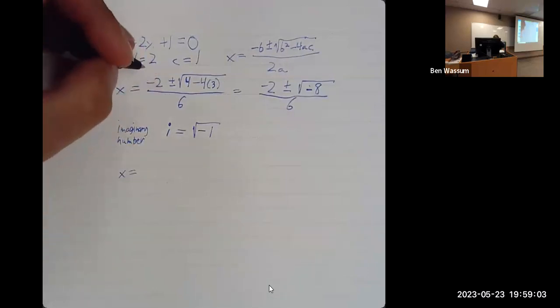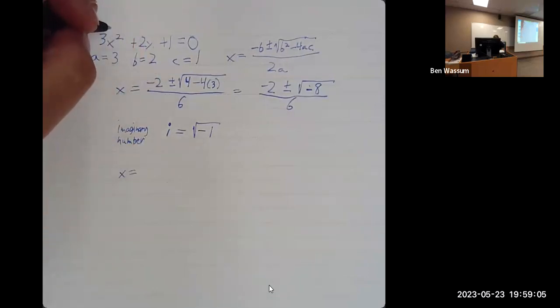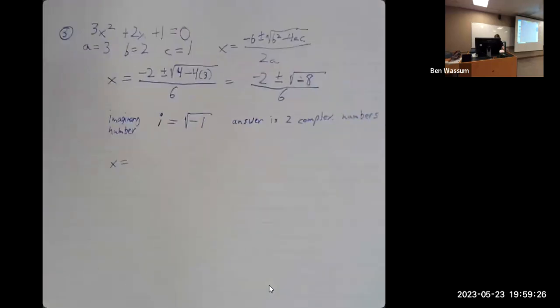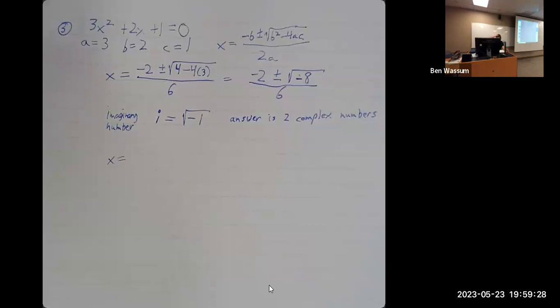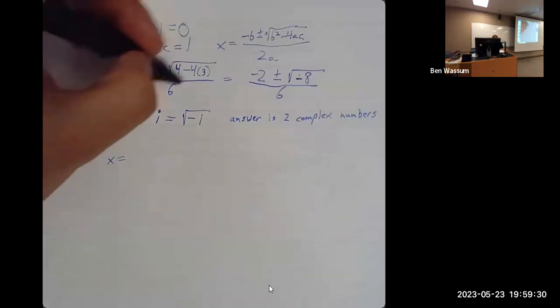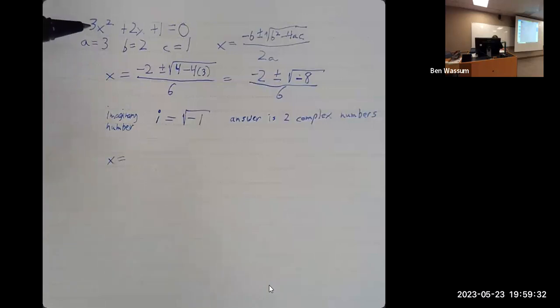This gives rise to our answer being two complex numbers. That's what they're called. They end up being called complex numbers when they have an i component to them.